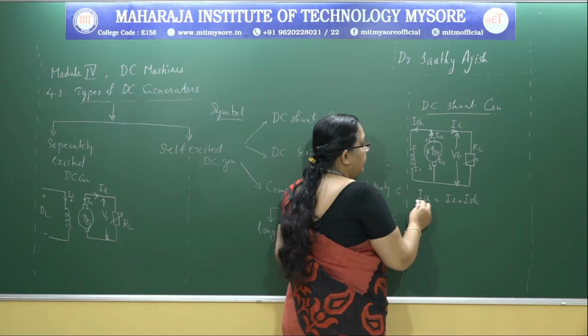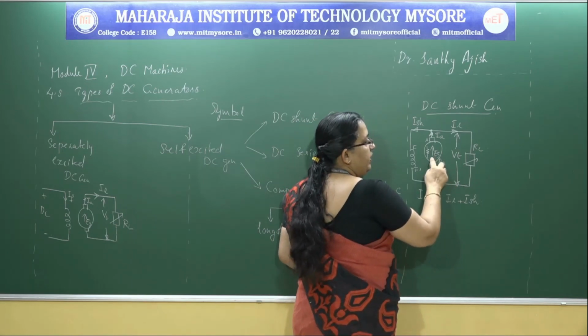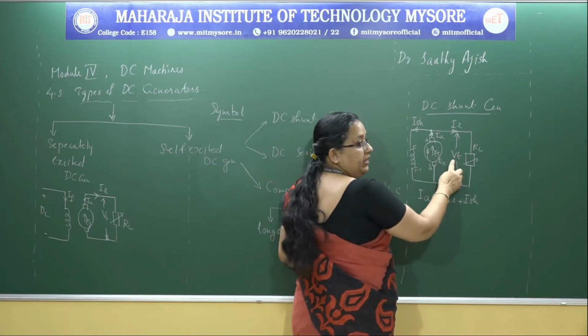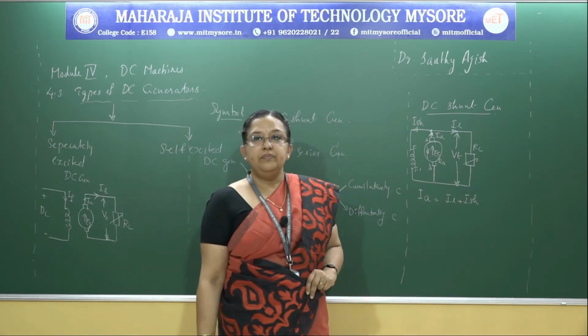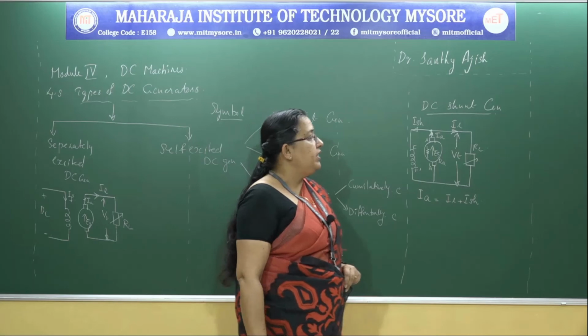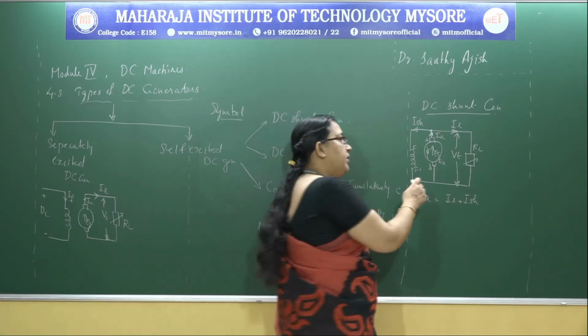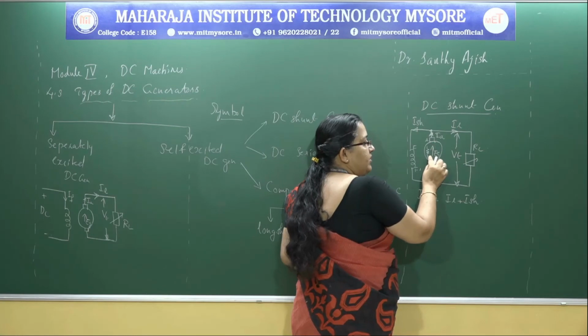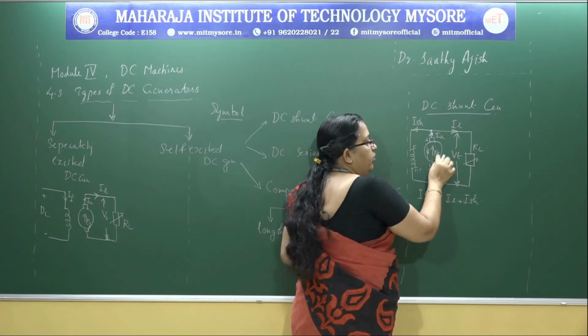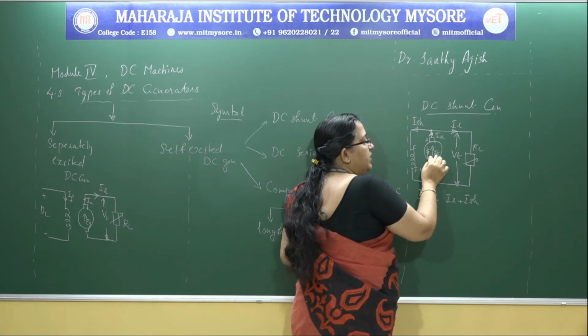Now, what is the relation between EG and VT, the terminal voltage? Do you think they are the same? EG and VT? They are not the same because there is a voltage drop in the armature resistance. So even though the induced EMF is higher, there is a drop in the armature resistance.